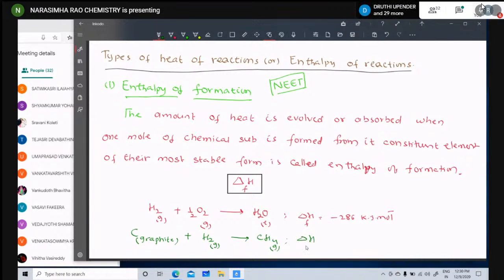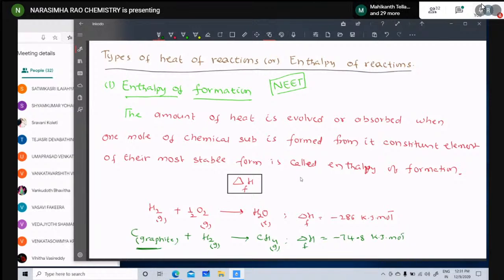For this reaction, delta H formation is minus 74.8 kilojoule per mole. The most stable form must be considered. Otherwise, it is not considered.